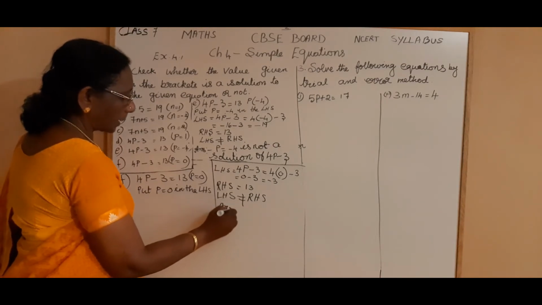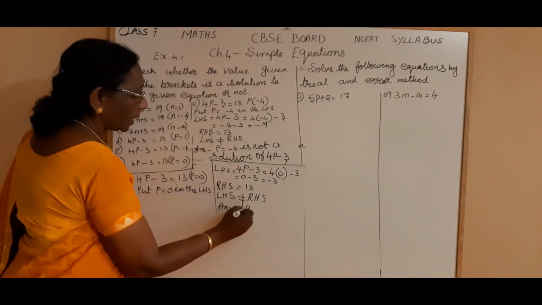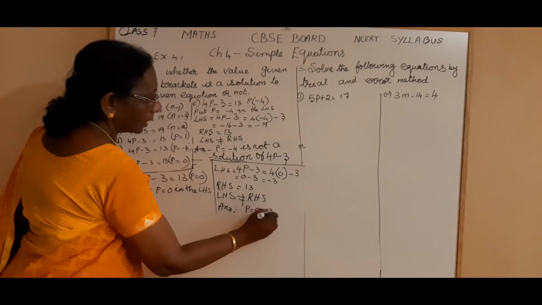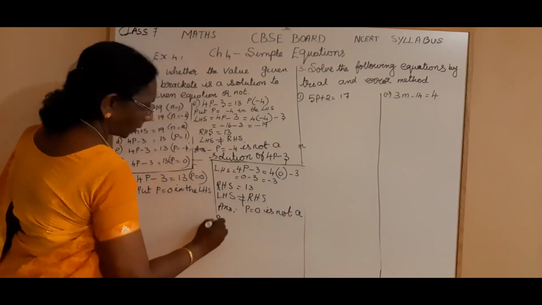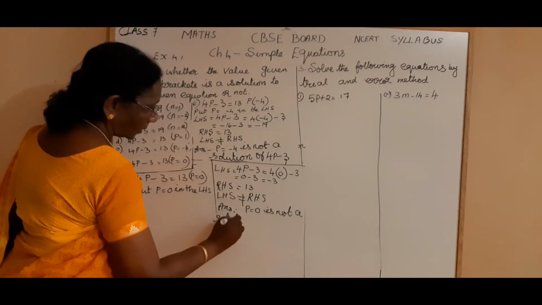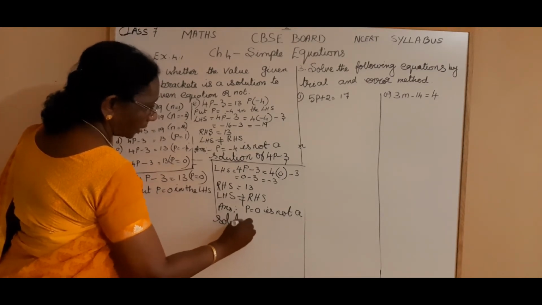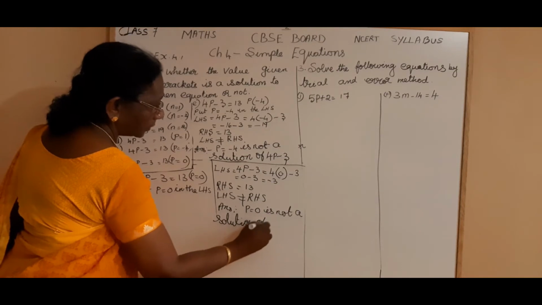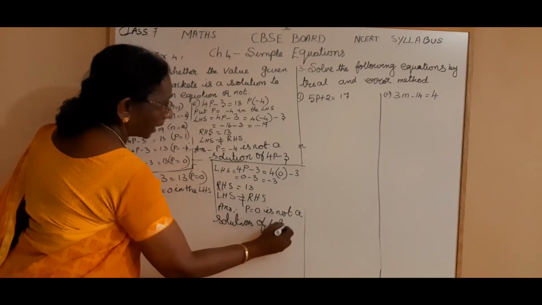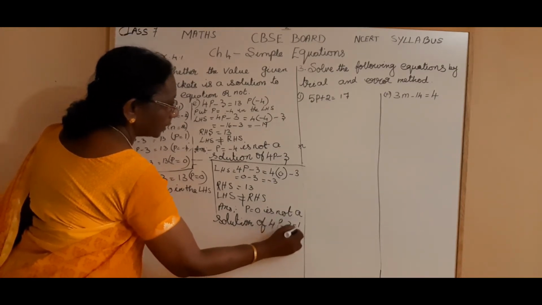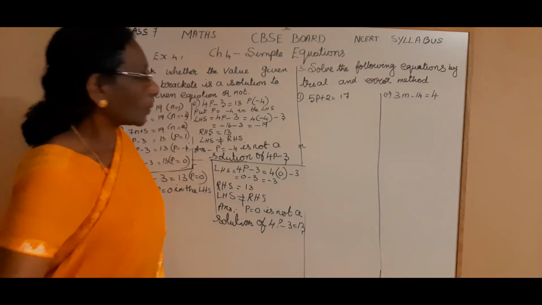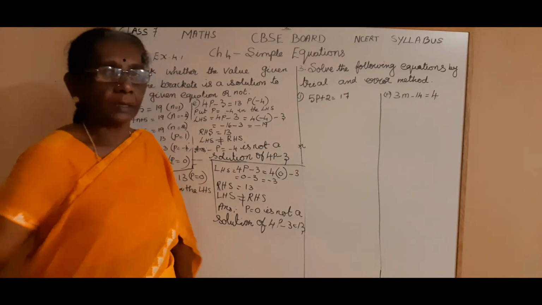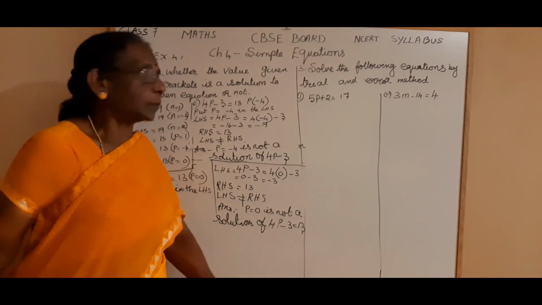Therefore, the answer: p is equal to 0 is not a solution of 4p minus 3 is equal to 13. So is it clear for you children? The same sum we did in this first sum also we did in the same model.